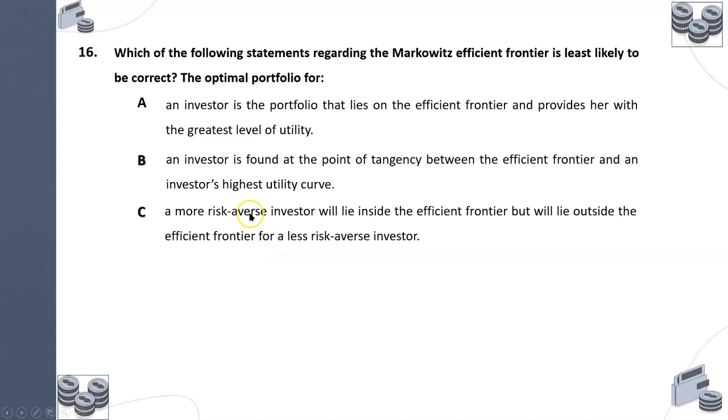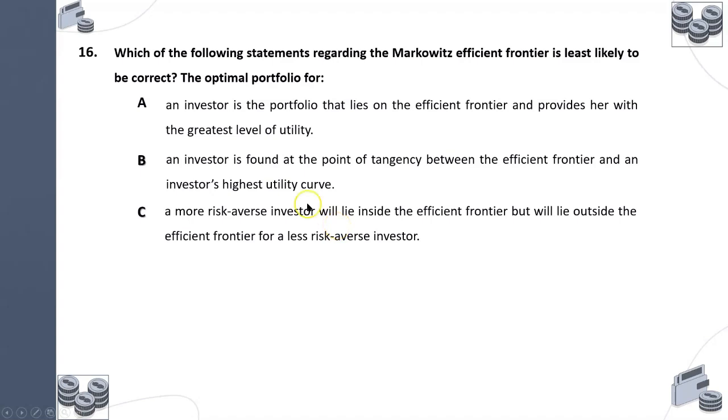Whether I'm a risk taker or risk averse, both of these will be wrong. Nothing will be efficient outside or inside the curve. So whether you have high risk appetite or low risk appetite, you have to construct a portfolio that lies on that frontier. The risk factor will decide how much return you should expect.